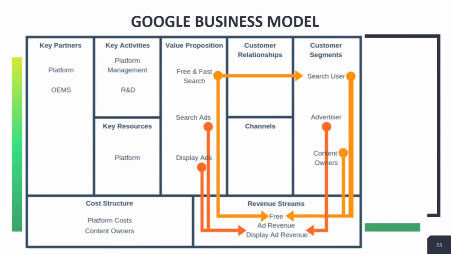In return, when users of these handsets search the internet, they use the Google search engine by default, thus bringing more users into the ecosystem and generating even more revenue for Google. This is how Google's business model works.